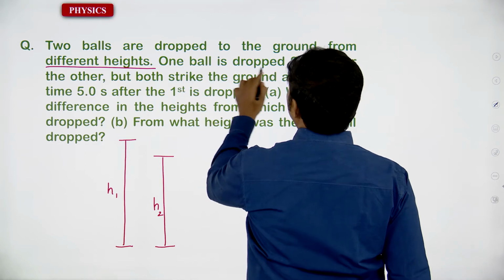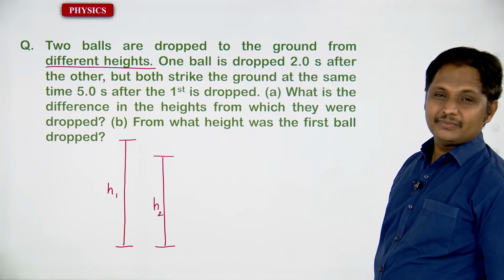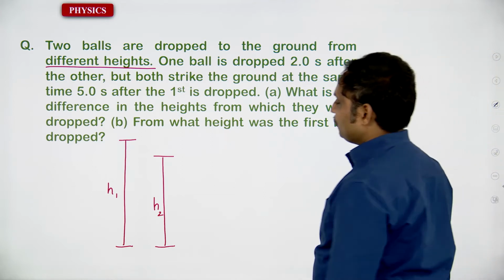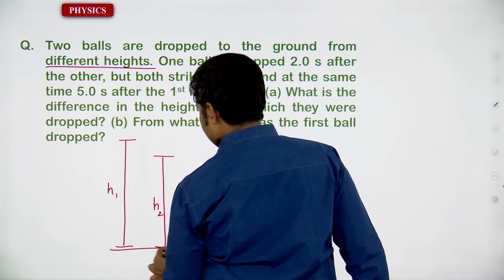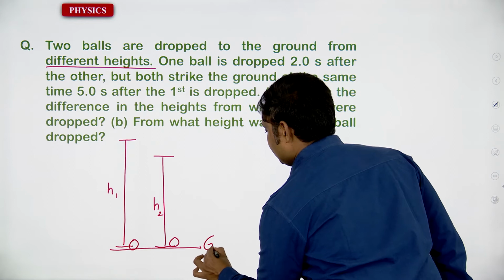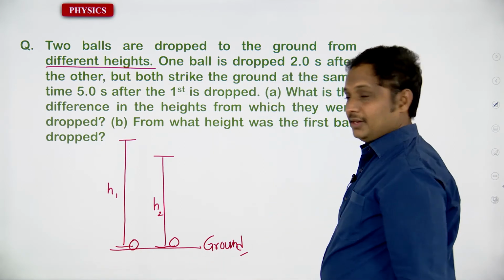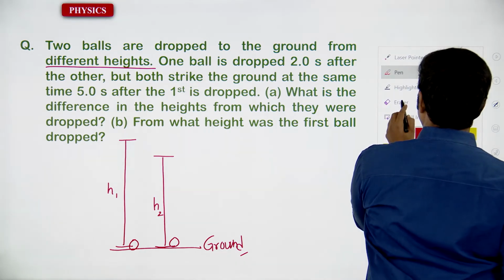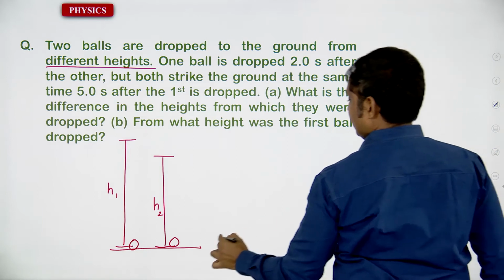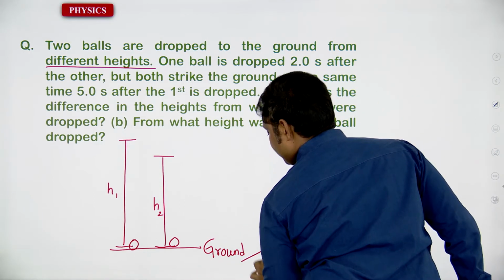So one ball is dropped 2 seconds after the other. Both are going to strike the ground, yes, both are striking the ground at the same time. This is going to be the ground. It's very clear. We would like to go for this one.